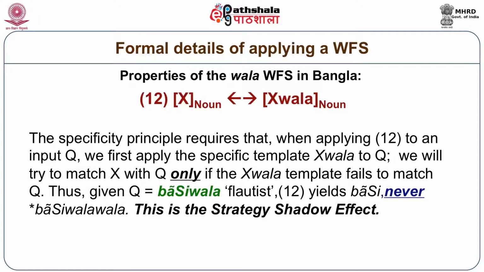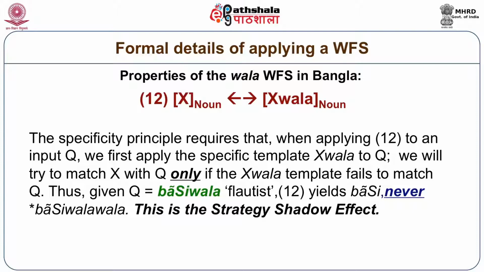One example of such an X is Banshi, the Bangla word for flute. A Banshi-wala is somebody who sells flutes. Banshi-wala. Now let us look at the strategy in the kind of detail that we have not tried to do in all these modules. Let us look at it really closely.